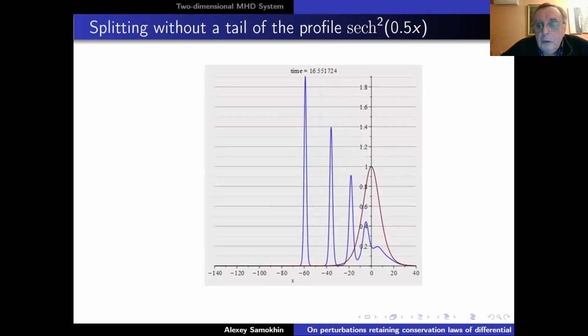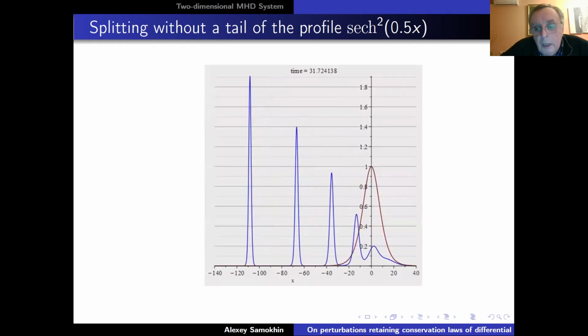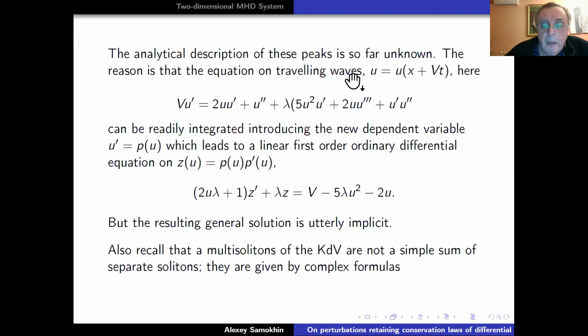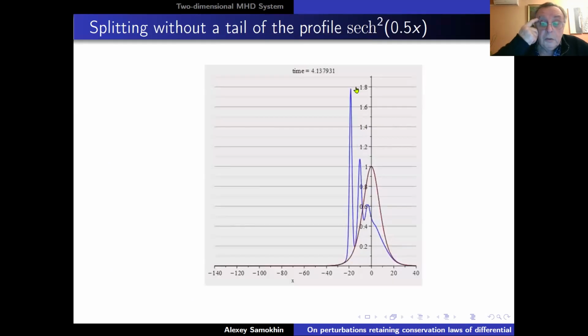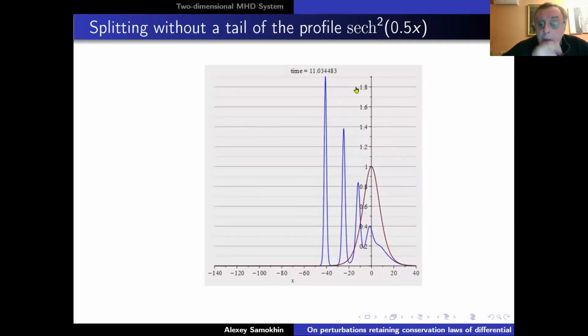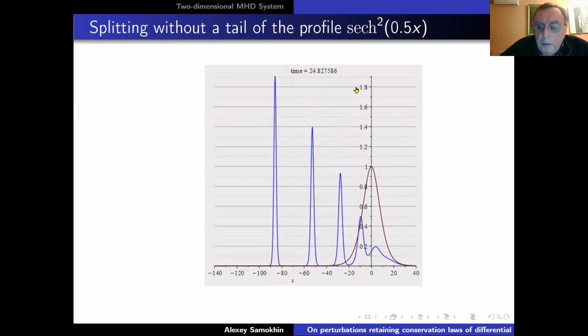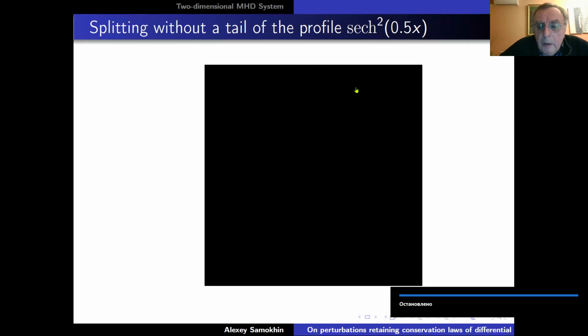The initial peak is somewhat lower, and then it scatters into at least 5 solitons. And this picture in KdV theory is called multi-solitons, and in KdV theory there are very complex formulas describing this phenomenon.